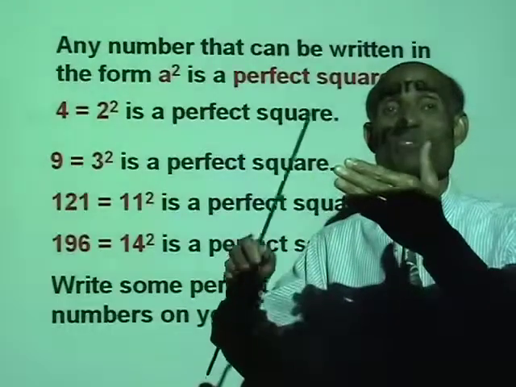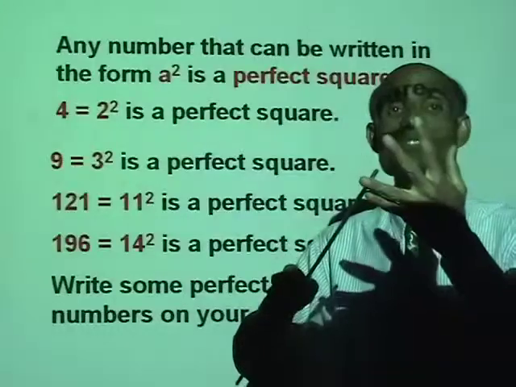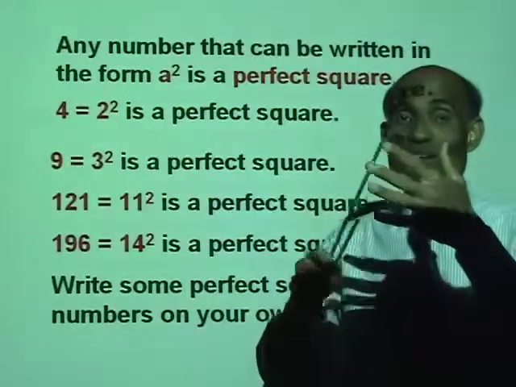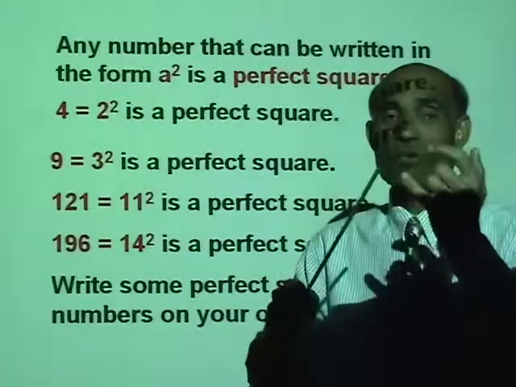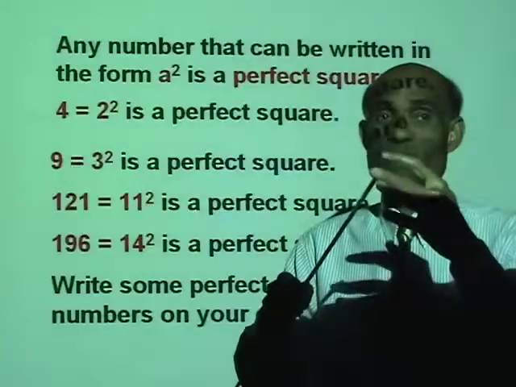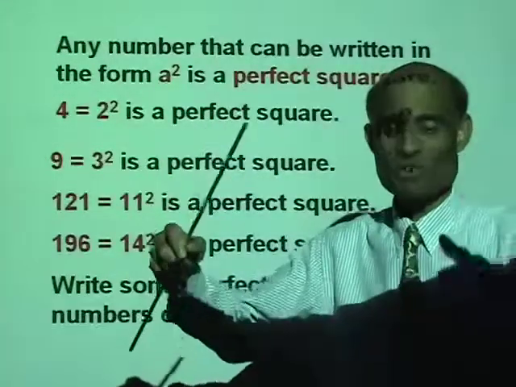What is the next perfect square? 36, 49, 64, 81, 100, 121, 144, 169, 196. Look at the way we can write all perfect squares.